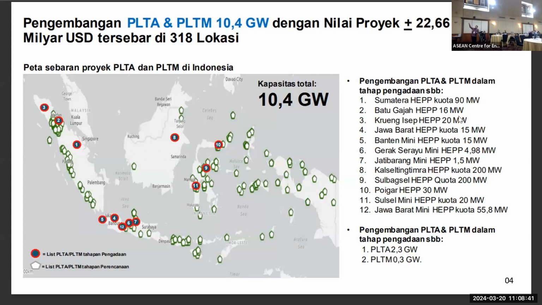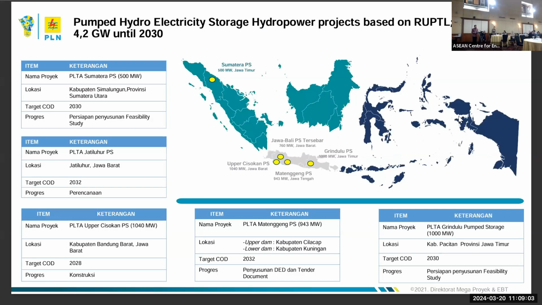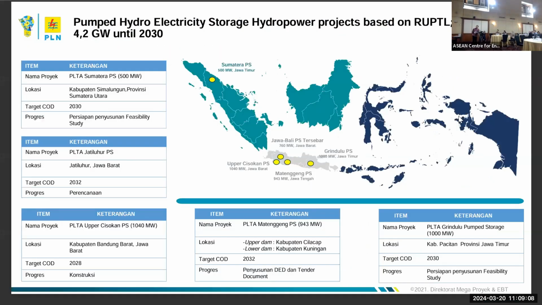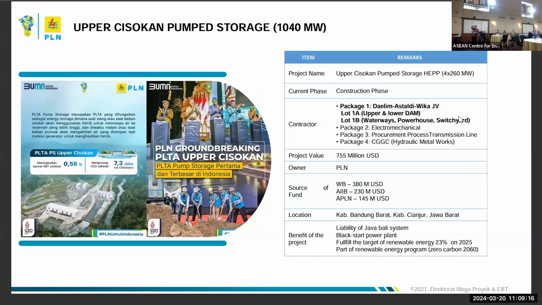So this is the list of projects already in procurement. And for the 10.4 gigawatt, about 40% is pumped hydro energy storage.